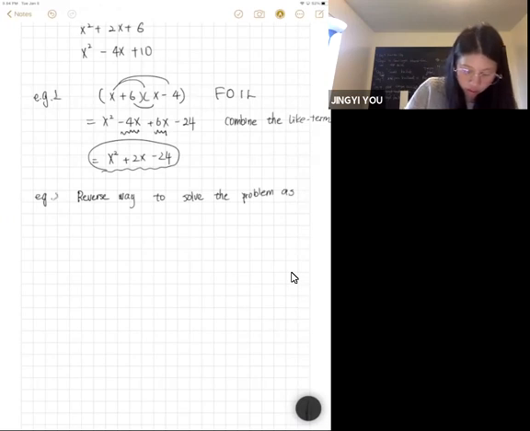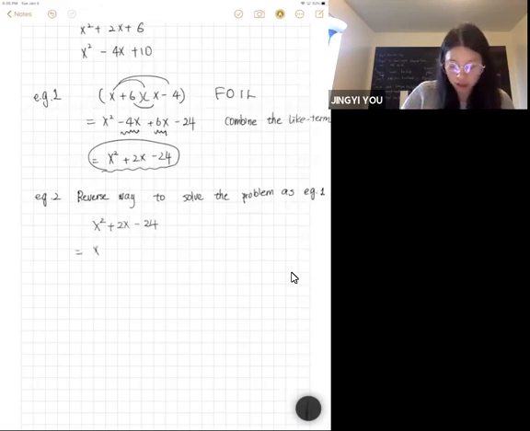This is our example 2. We have x squared plus 2x minus 24. The reverse way is, instead of 2x, we will have negative 4x plus 6x minus 24.